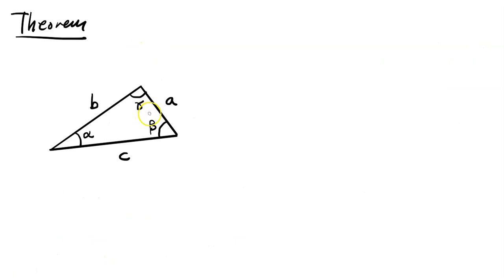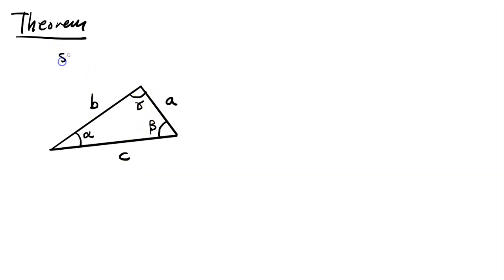Another theorem we can now state using trigonometry. If we have an arbitrary triangle with angles alpha, beta and gamma, and the sides A, B and C, we see that A is opposite to alpha, B is opposite to beta and C is opposite to gamma.